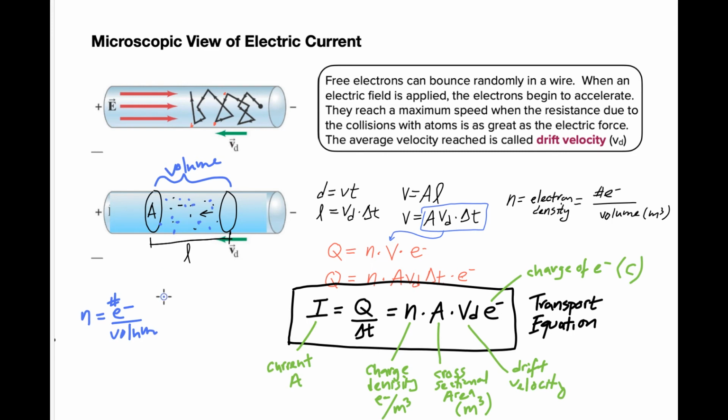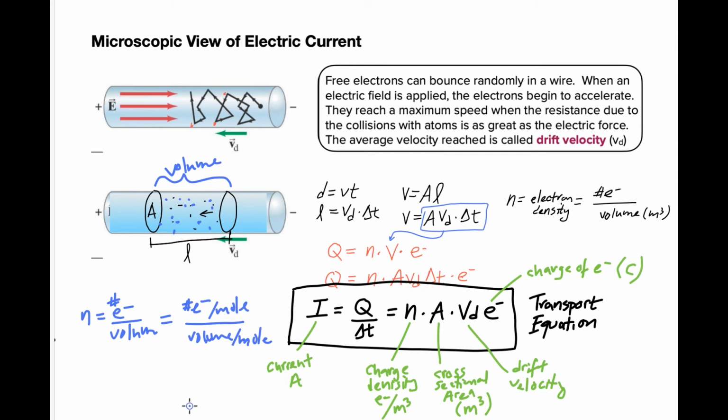But remember, with density, it doesn't matter your sample size. So what if instead of having the volume of our wire with the number of electrons in our wire, we actually know something more if we had a different sample size? What if instead we viewed this as the number of electrons per mole, if we knew the volume per mole?